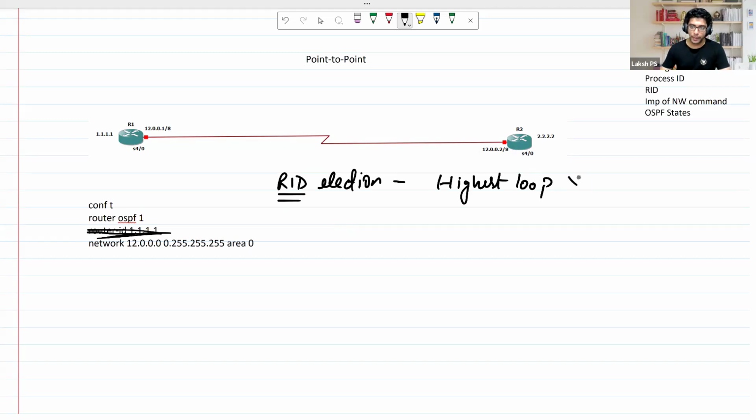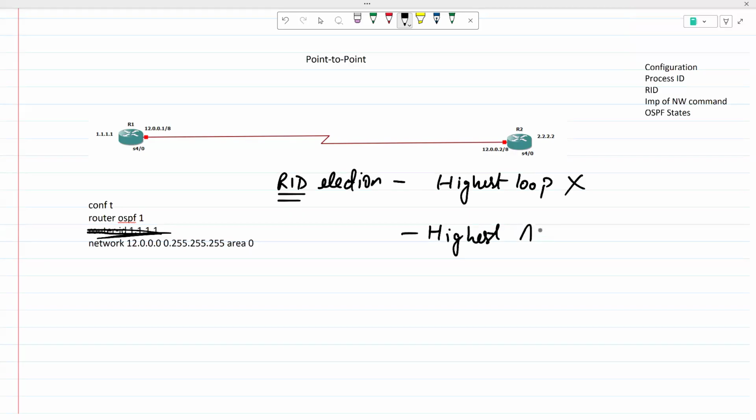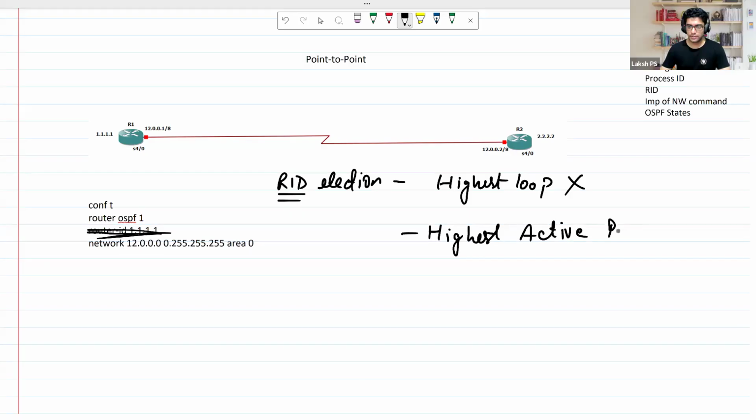If there is no loopback address present on the router, then the next is the highest active physical IP address, and this is chosen as the router ID. So let's say I do not have a loopback address, I do not have a router ID configured. For R1, when OSPF is enabled, it will choose 12.0.0.1 as the router ID for itself.